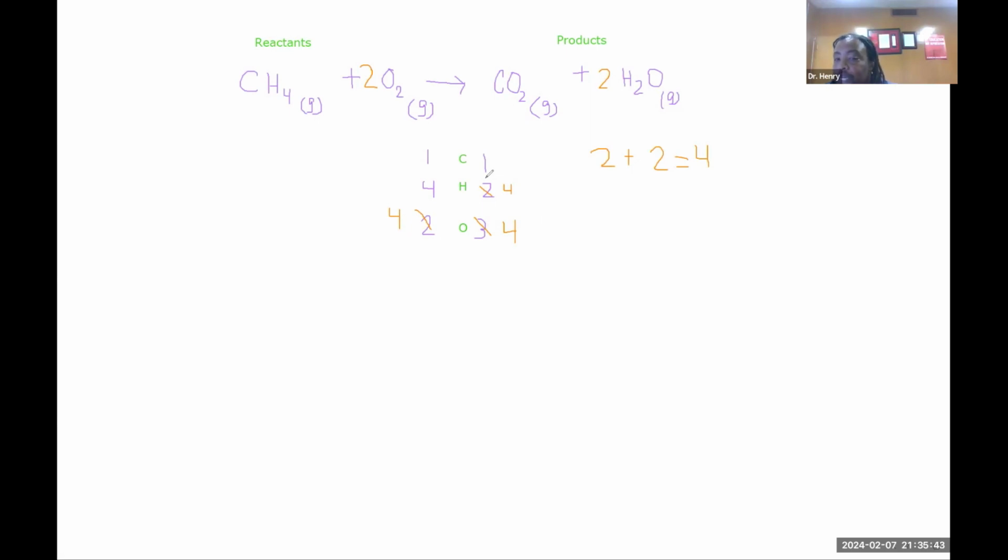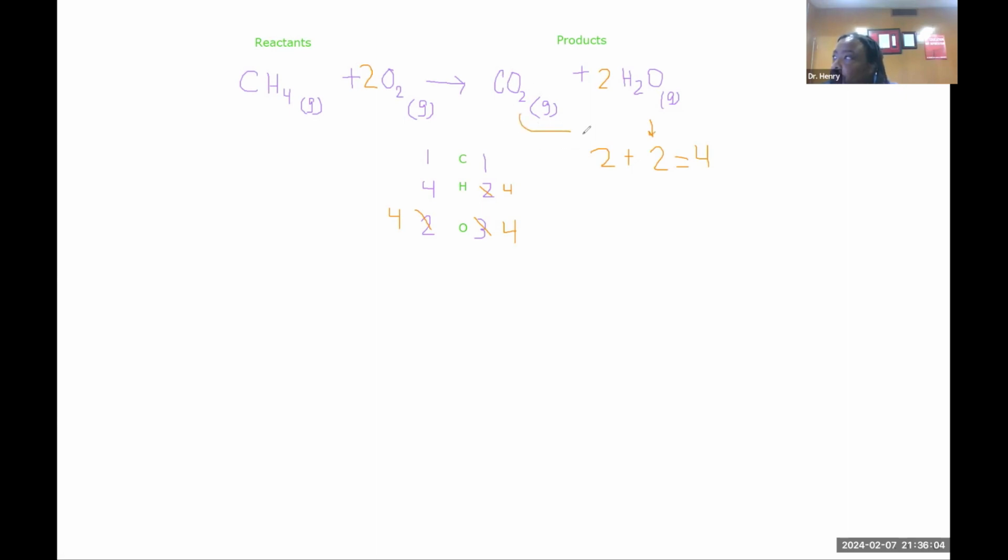Yes. How do you get from 3 to 4? Because when we multiply the water, it's 2 times 1 because there's only 1 water. So that would give us that 2 right here. And then we already had 2 over here with the carbon dioxide.